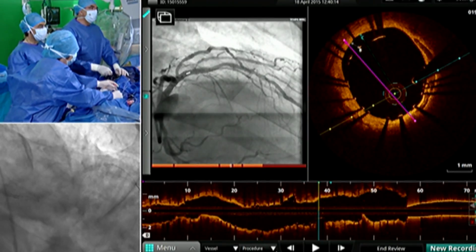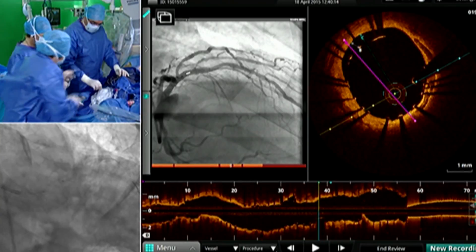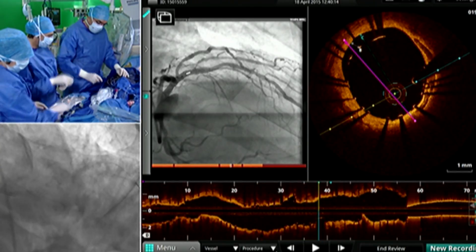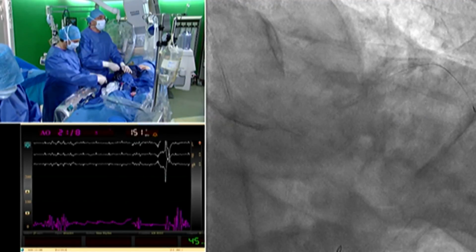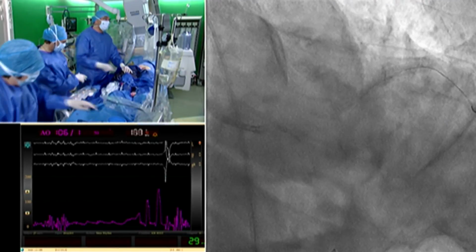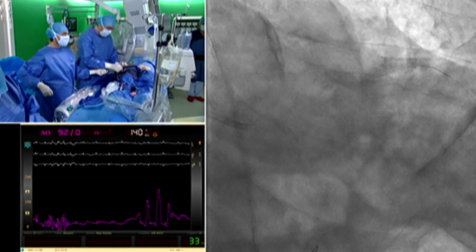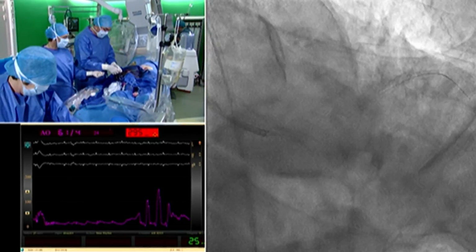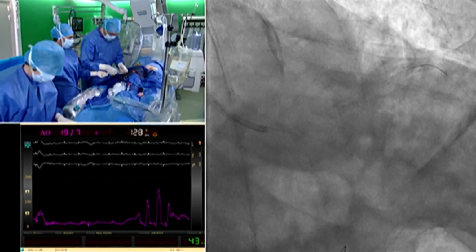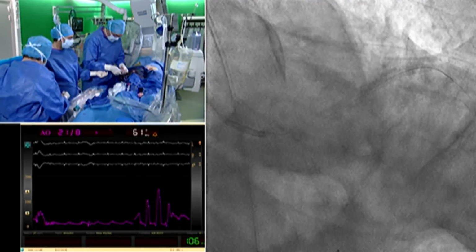Very good. And now we are sure that we have achieved really our best for the patient by this optimization of the quality of the stent deployment.